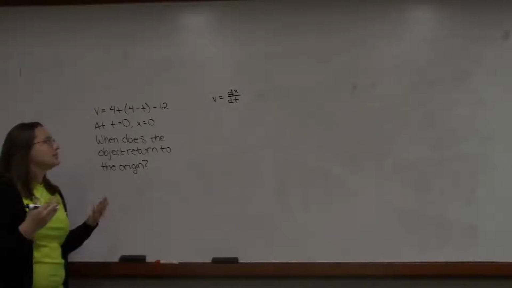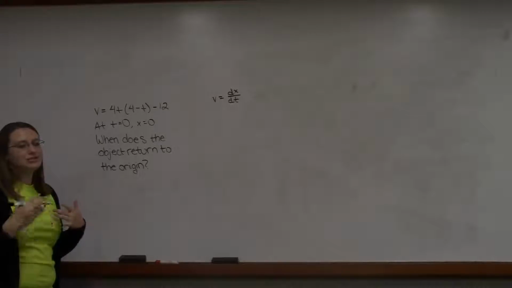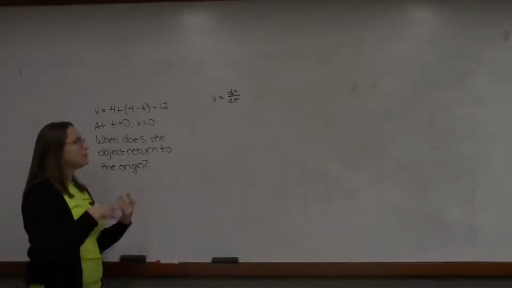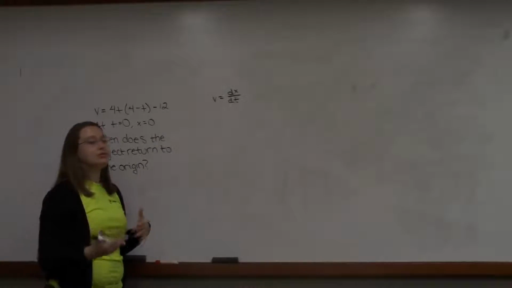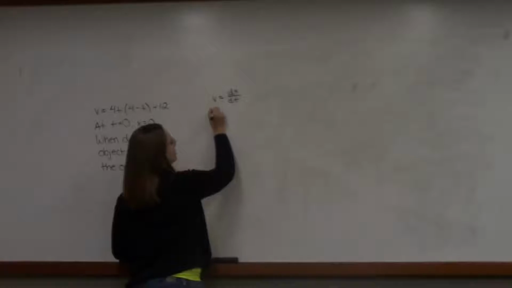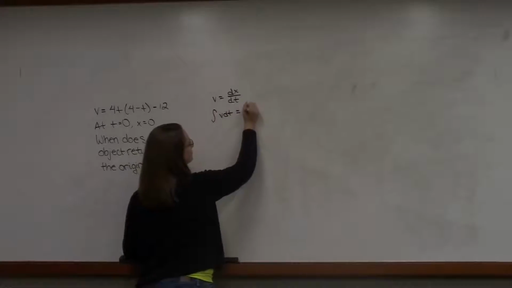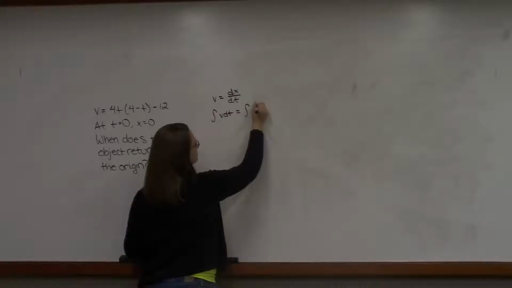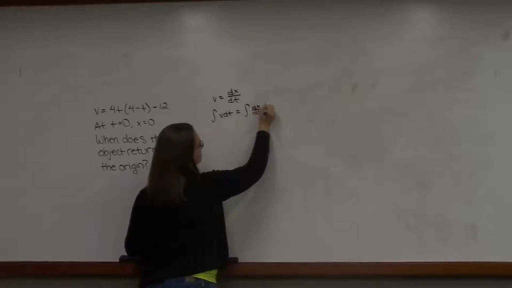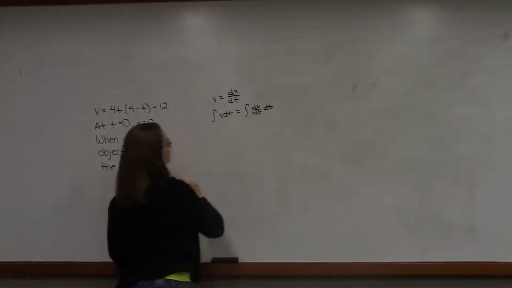So, in order to get position from our velocity, we want to take the time integral of both sides. Okay.